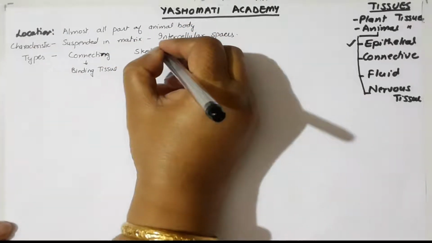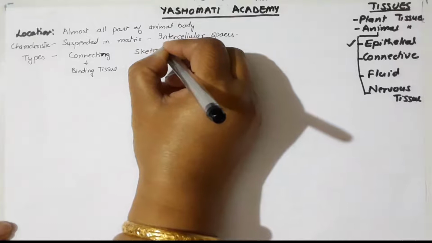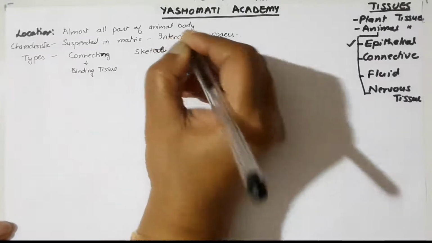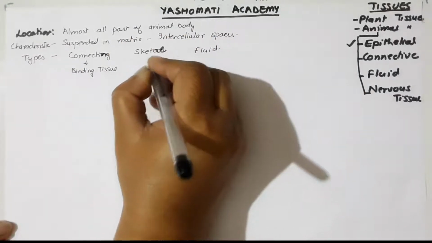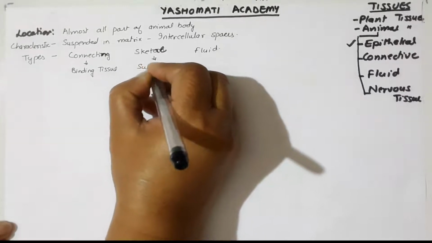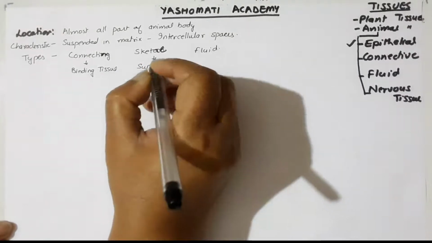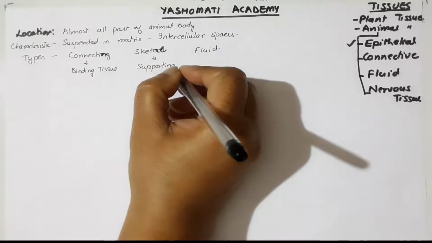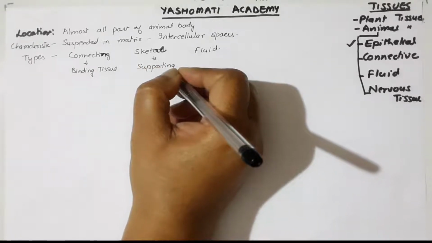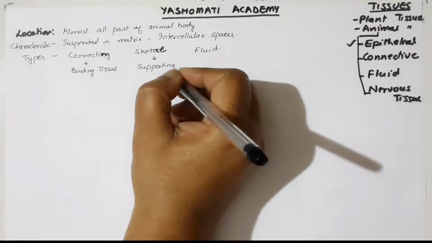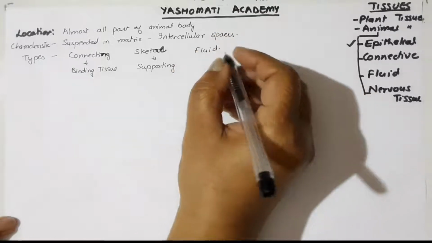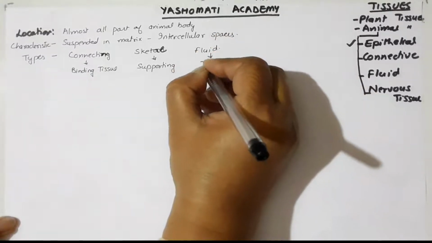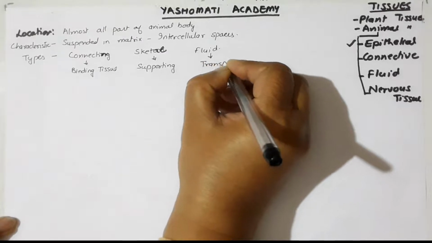Similarly, skeletal tissue, it is also called as supporting tissue. Why it is called as supporting tissue? Because it is supporting the body. The body is supported from inside by the set of bones which are protecting the inner organs. And fluid tissues, they are also called as transporting tissue.